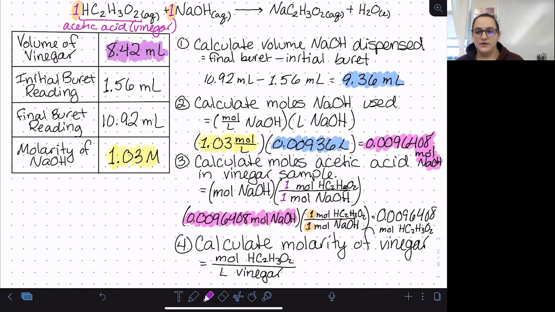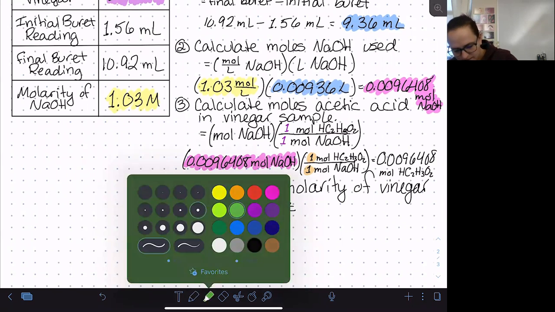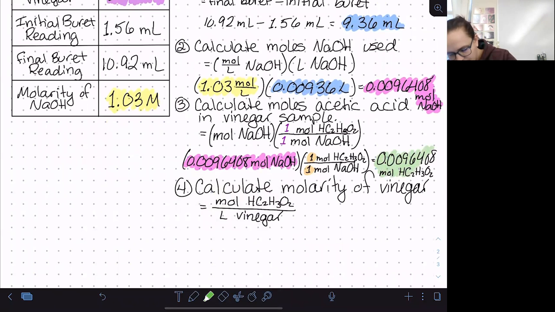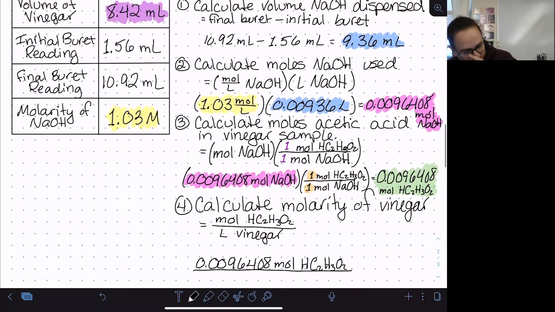We have the volume of vinegar in milliliters. We need to make sure we're doing moles divided by liters. So our molarity is going to be our moles of acetic acid divided by the volume of vinegar in liters.